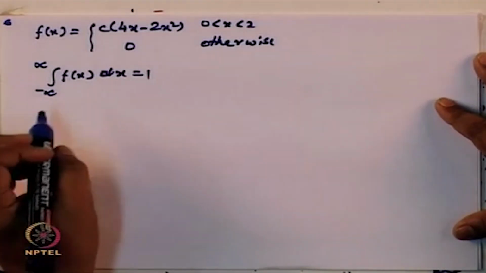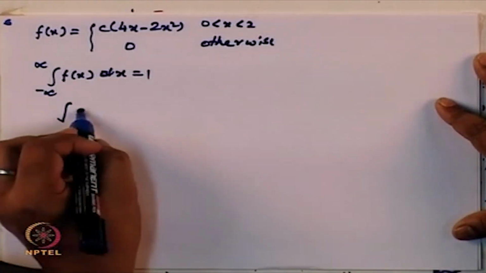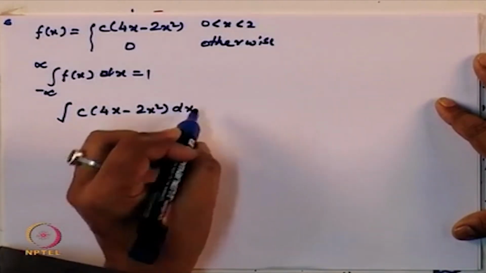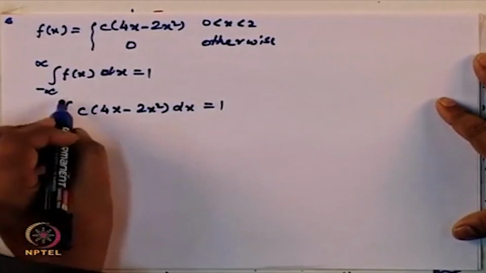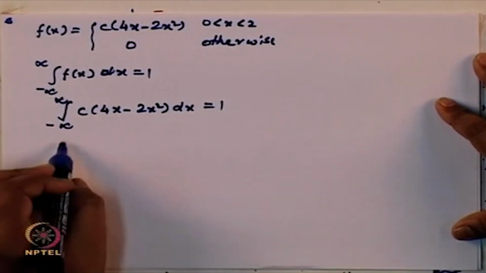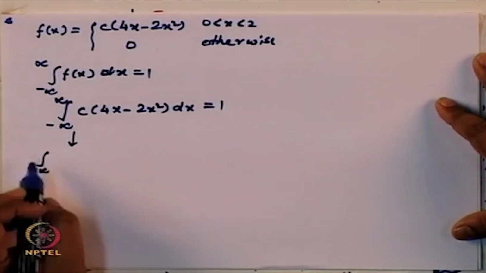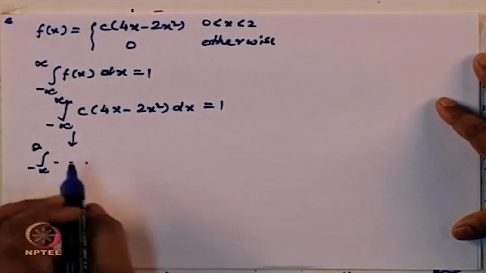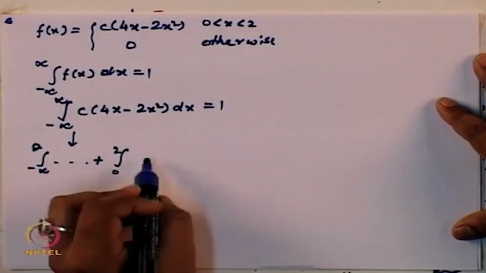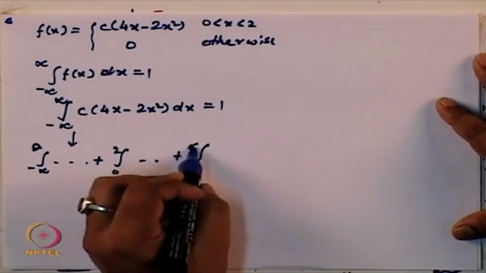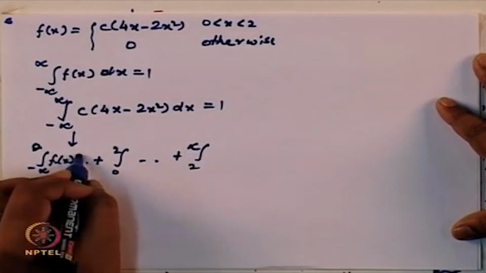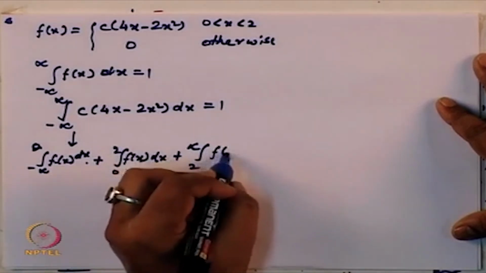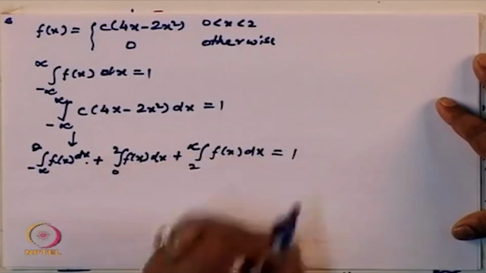Okay. I can plug the values here. So, I have the integral of c into 4x minus 2x square dx equal to 1 from minus infinity to infinity. I can break this limit into minus infinity to 0, 0 to 2, plus 2 to infinity, of f x dx, and this is 1.